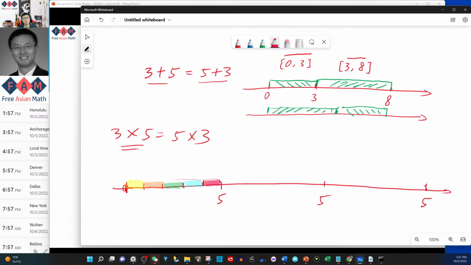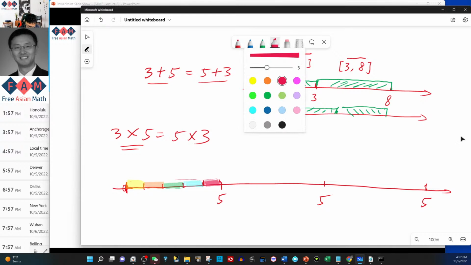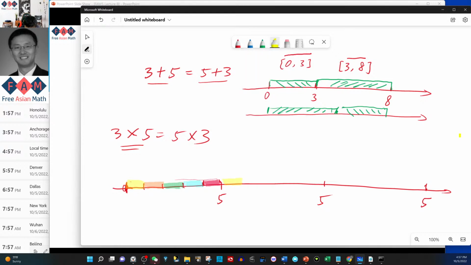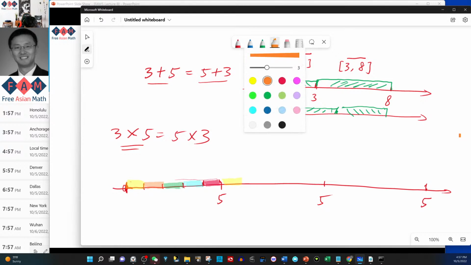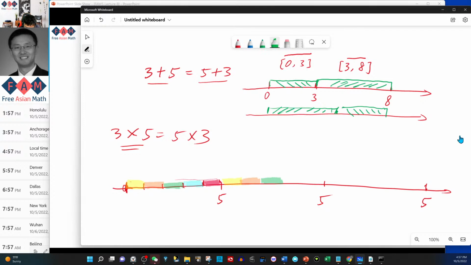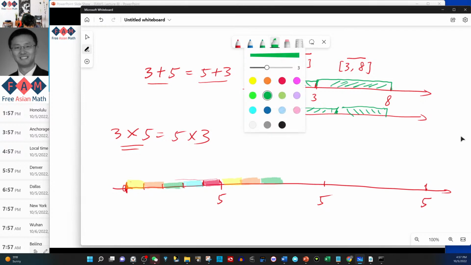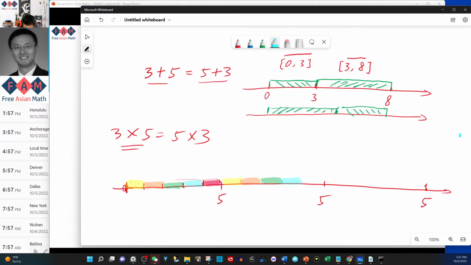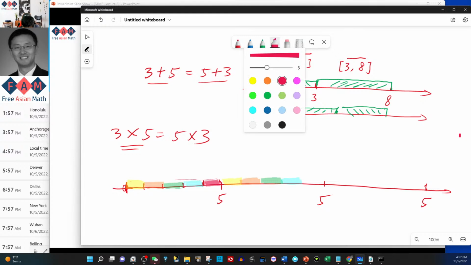So this is the first copy of the 5. And then we will count another 5. Essentially the same thing. We repeat the colors: the third one is green, the fourth one is orange, blue, and then finally red.